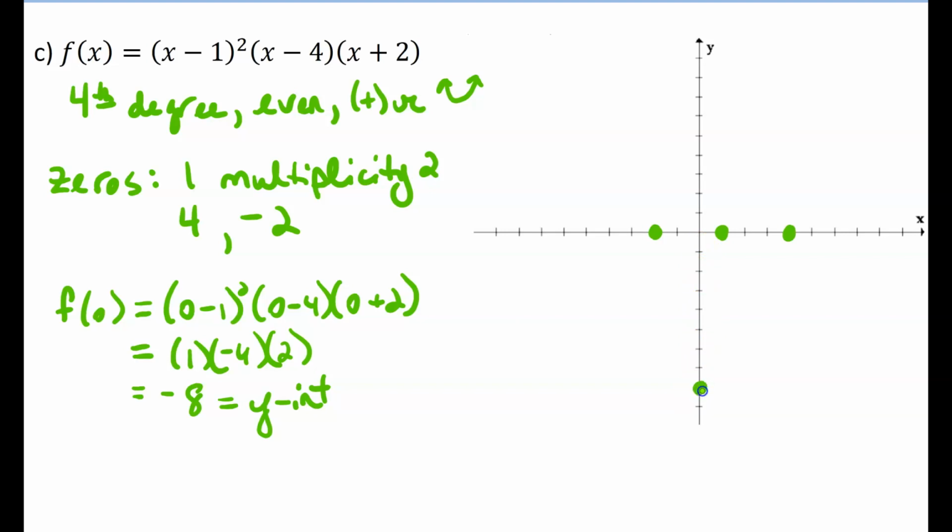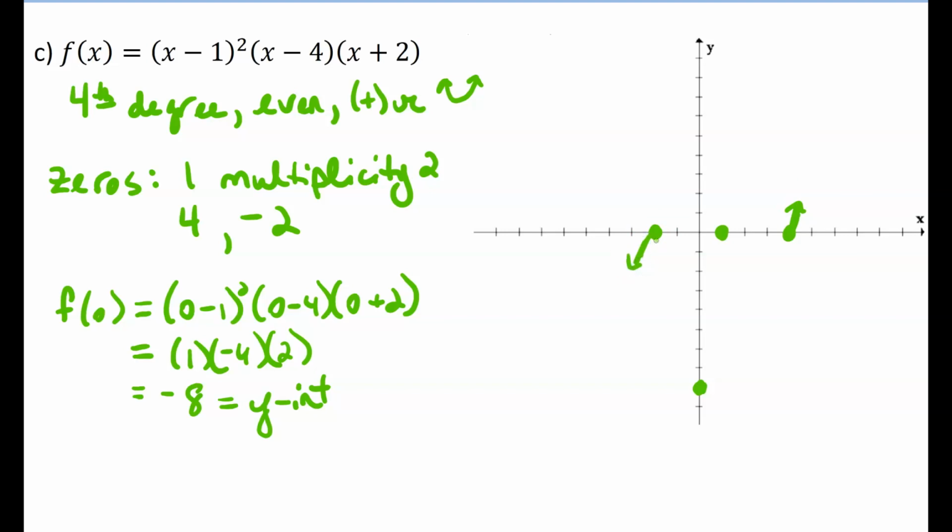So negative 8 here. Exactly. So again, I'm not going to do sign analysis on the 2 outer sections because I already know from my rightmost I should be going up, and I know from my leftmost I should be going down.